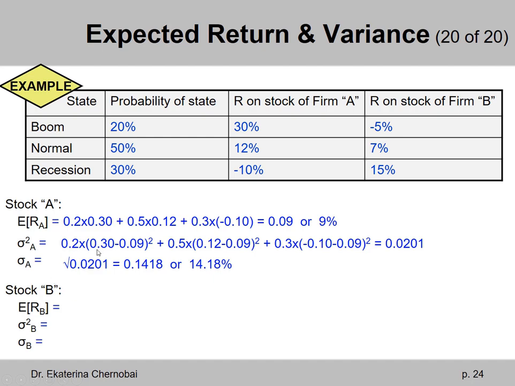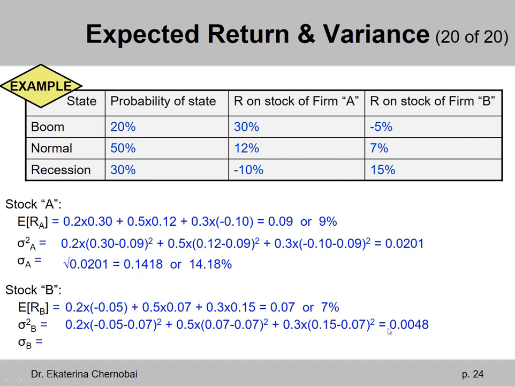So just like I did it for stock A, I'm multiplying the probability by the return in that same state of the economy, and then I'm adding those products across all states, which gives me a 7% expected return.